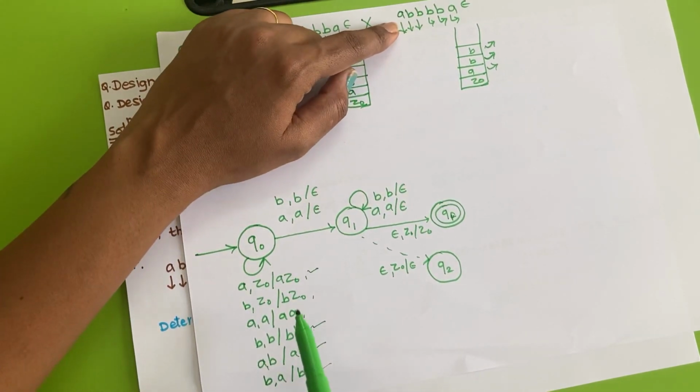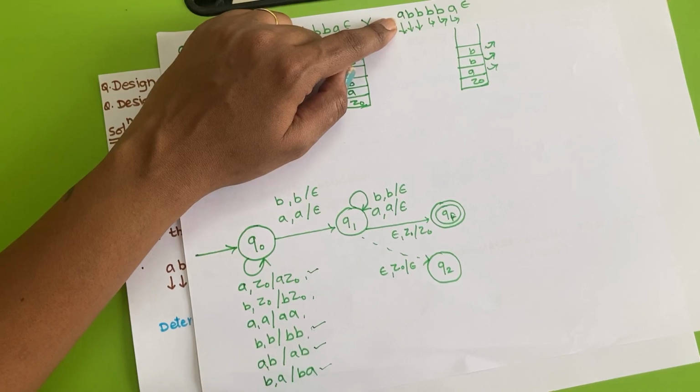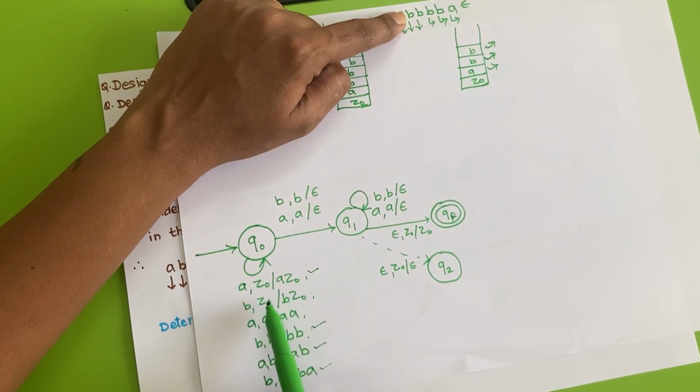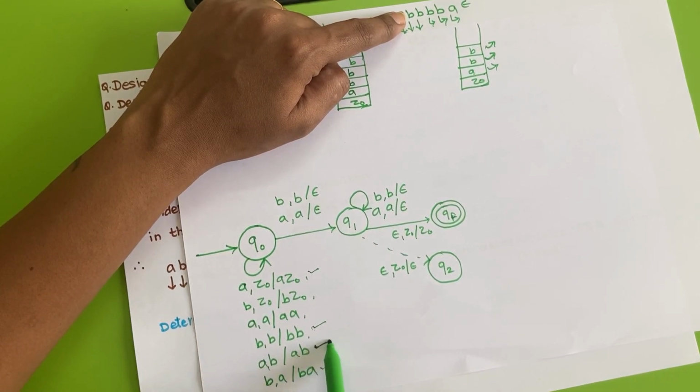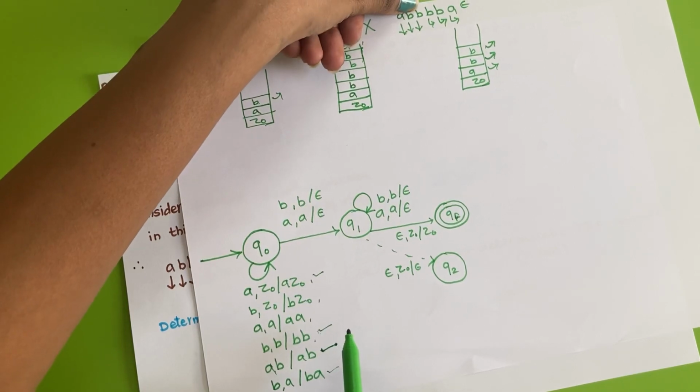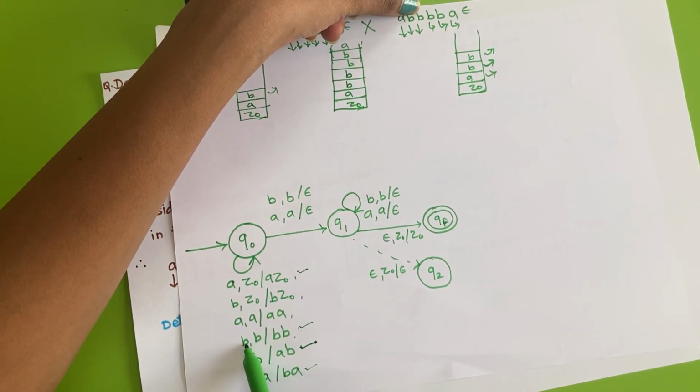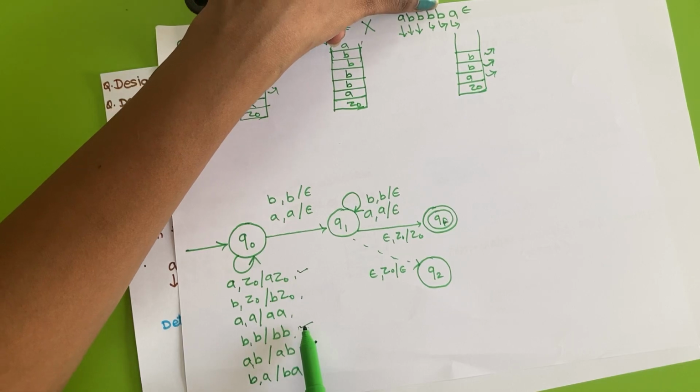Suppose first A will be pushed onto the stack by this transition. Now the next B will again be pushed onto the stack by performing this transition. For the third B, if we have input symbol B and top of stack is B, then again this transition will be performed and B will be pushed onto the stack.